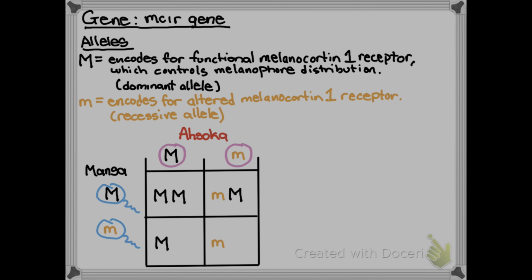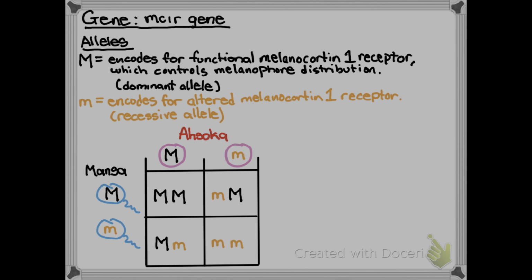And when we combine that with the wild type allele from Mansa's gametes, or his sperm, when they fertilize these particular gametes from Ahsoka, we have a homozygous dominant or a heterozygous option.